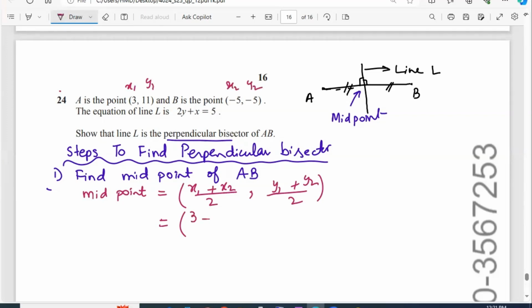So 3 minus 5 divided by 2. Now y1 plus y2 means 11 minus 5 divided by 2. So the answer will be (-1, 3), which is the midpoint.